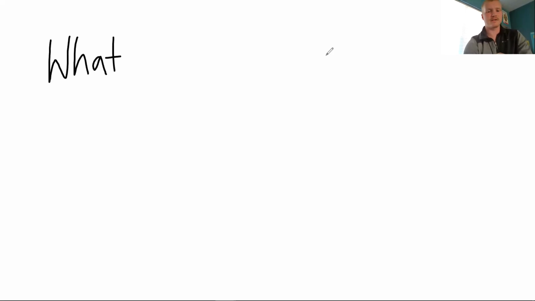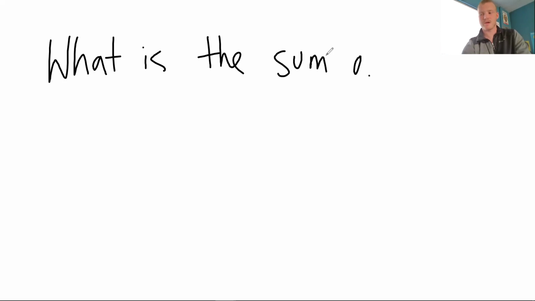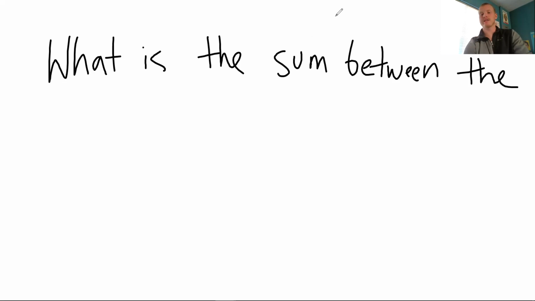So what is the sum between, so when you guys are looking at these, when it says between, that means you're going to be doing 2 other steps first.